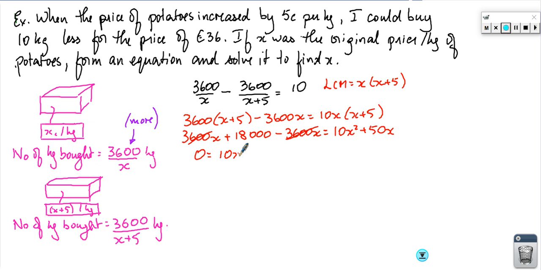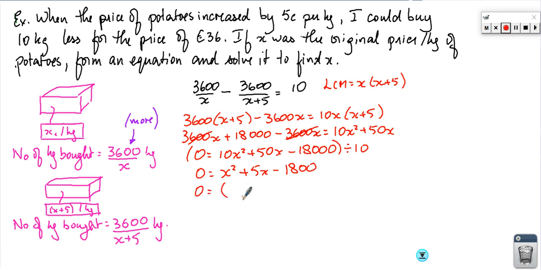So I'm left with 0 equals 10x squared plus 50x minus 18,000. I can divide this by 10 to simplify because 10 is a common factor. So 0 equals x squared plus 5x minus 1800.